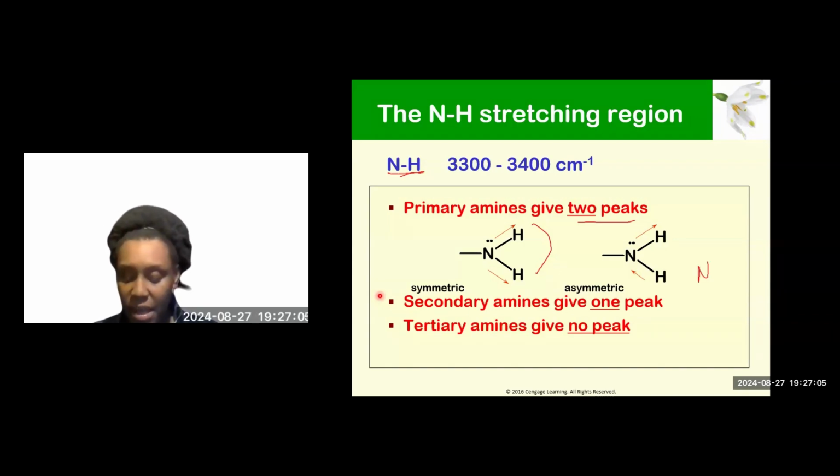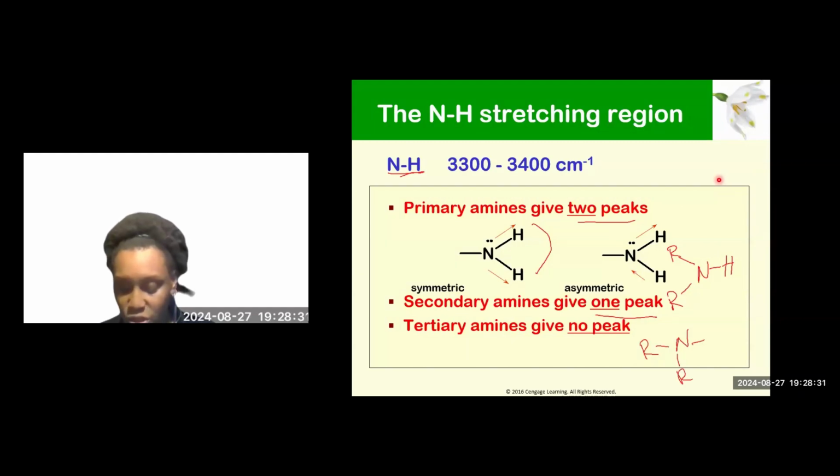Remember, secondary amines have two carbons on them, and so they're going to have only one peak in that area. With tertiary amines, there are no hydrogens attached, just three carbon groups, so there's going to be no peaks.